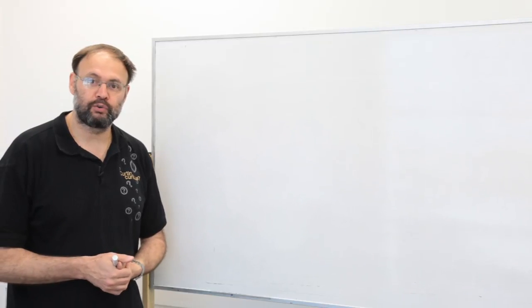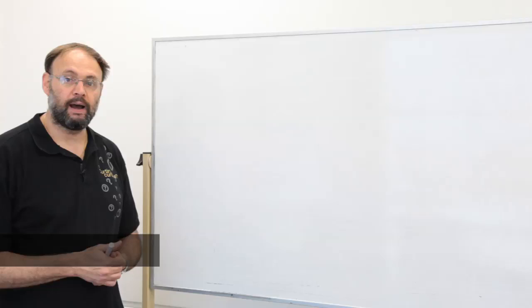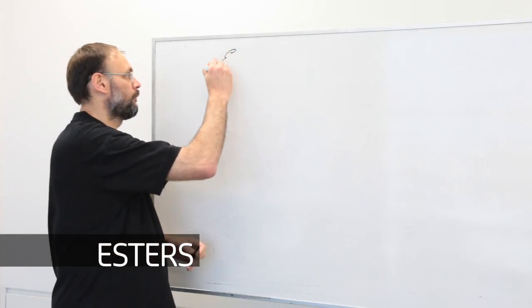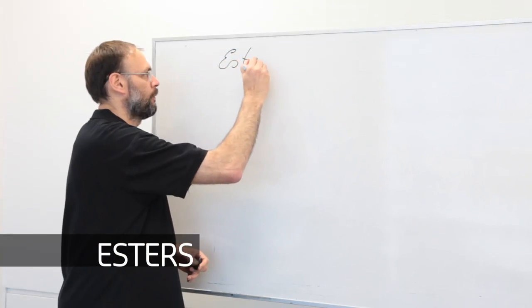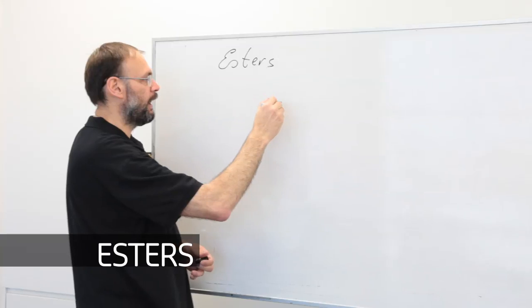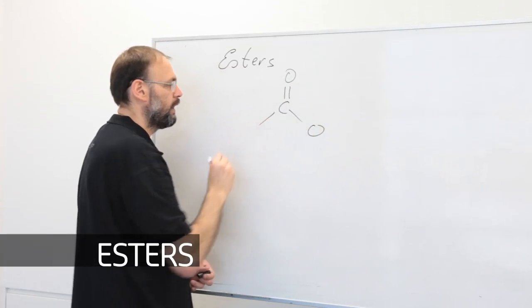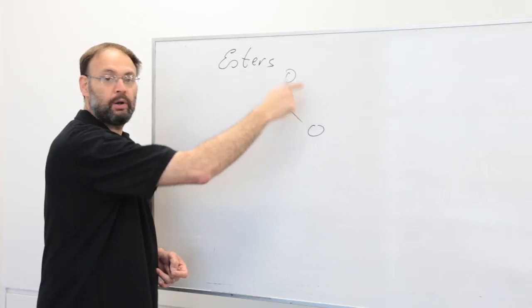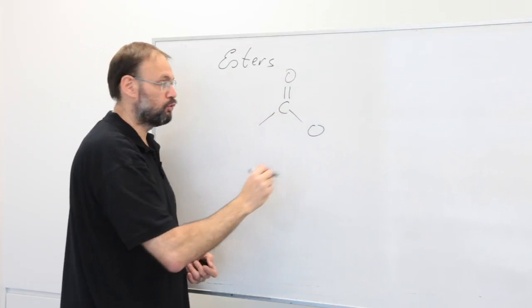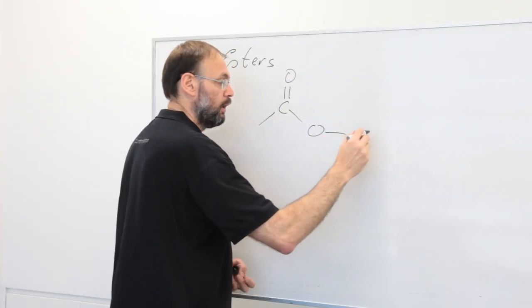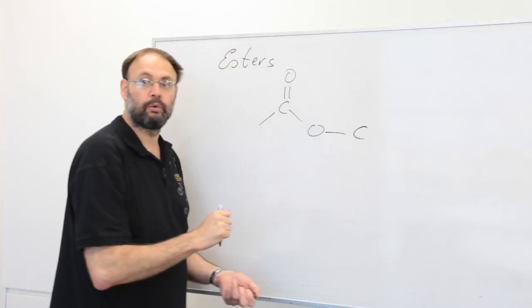The final two functional groups I want to discuss here today are esters. And esters are derivatives of carboxylic acids where you still have the carbonyl group and the carbon oxygen, but instead of a hydrogen, we have another carbon group.